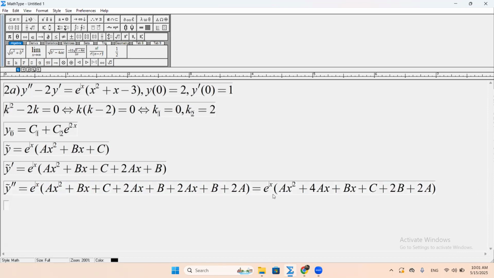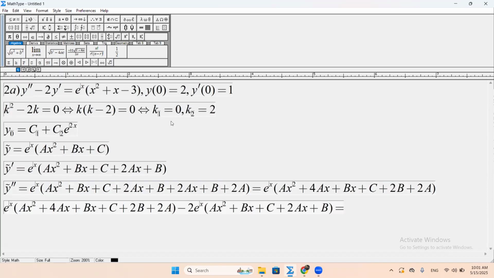So substituting it into the initial differential equation: this expression minus 2 multiplied by this expression equals the right part.